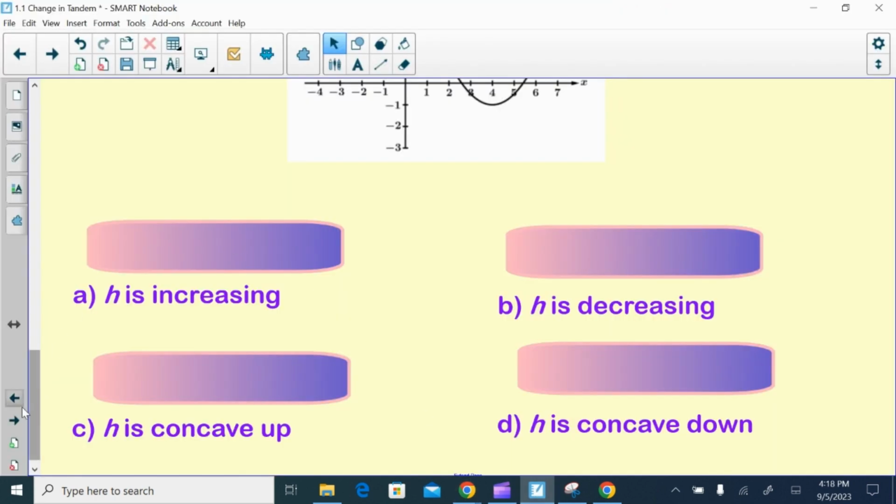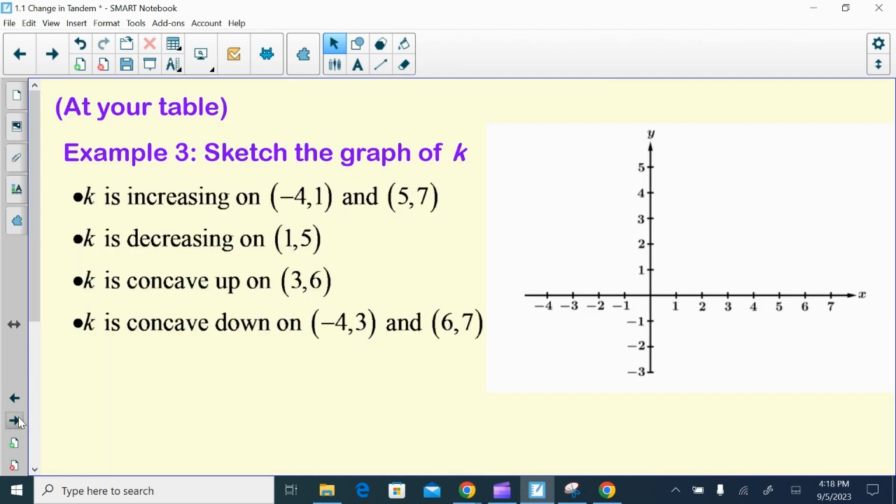So then the last example, I'm going to have the students work on in their tables. Now, I bought some Post-it notes that look like the XY axis. And so I'm just going to walk around and give each student one Post-it note, so they can talk with the people at their table, but sketch the graph of K according to this criteria.